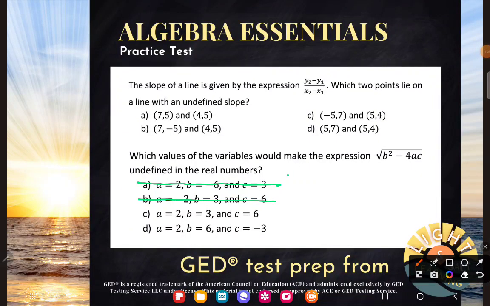Let's test C. So square root of b squared minus 4ac. B in this case is 3, so I'm going to square 3. Minus 4 times a is 2. C is 6.